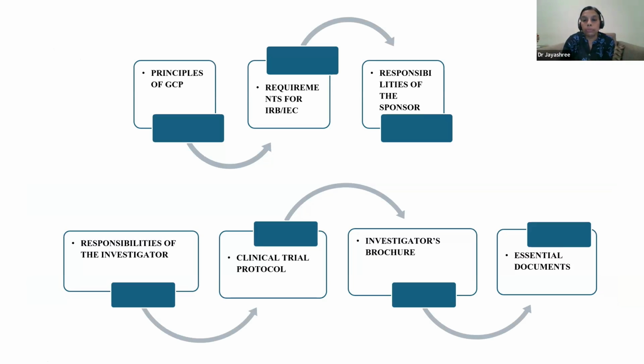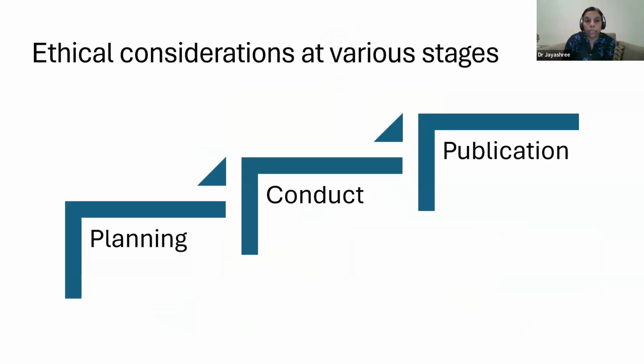There would be responsibilities pinned on different stakeholders, for example the sponsors and the clinical investigator, or what we call the principal or primary investigator. There should be a very good clinical trial protocol, which has already been emphasized in the first talk by Andreas. There has to be an investigator's brochure, and of course, several essential documents are required. All this is very important when we talk about ethics in a particular clinical trial.